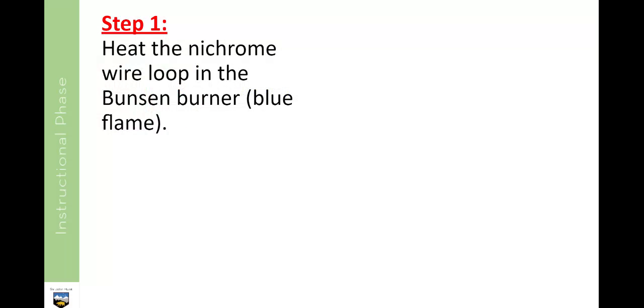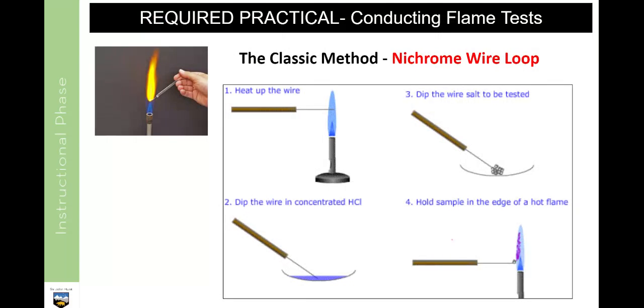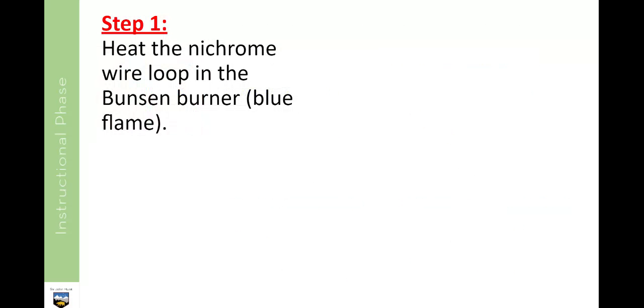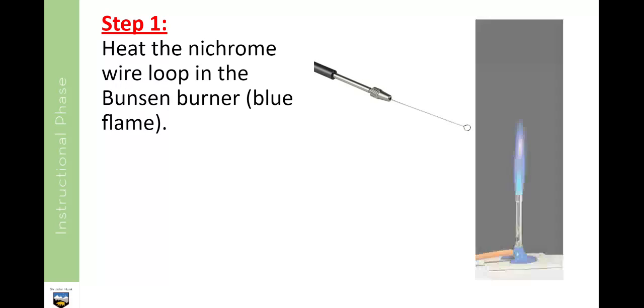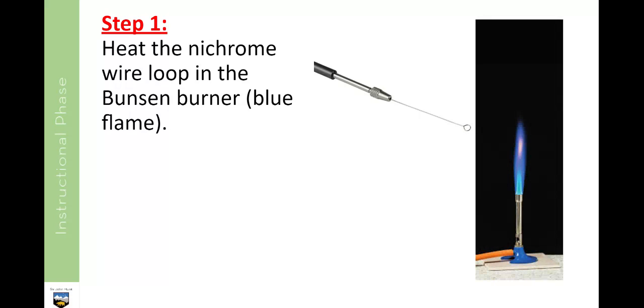So just to run through this method, because as I've said, it is a core practical, you do need to know how to be able to do it. So testing for metal ions using a flame test. Step one, heat the wire loop in a Bunsen burner. And that's just checking to make sure the wire loop is nice and clean, it's not contaminated.